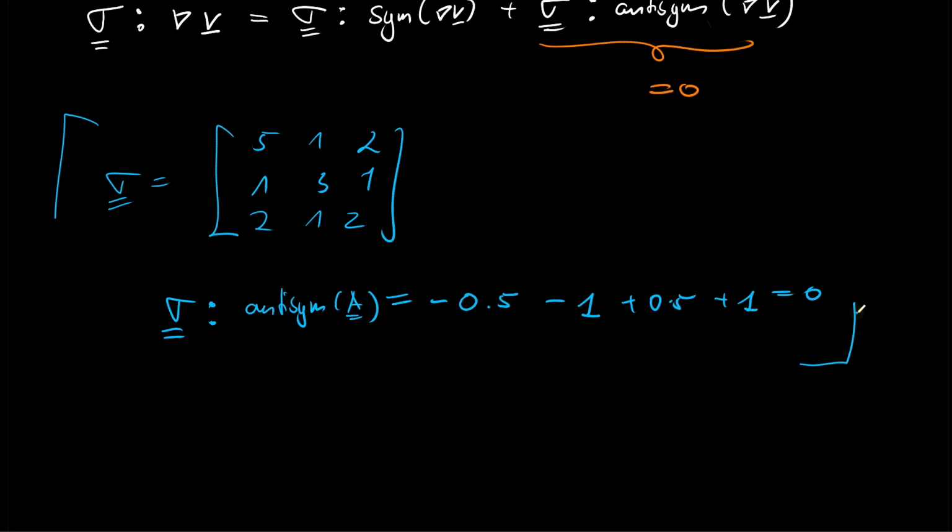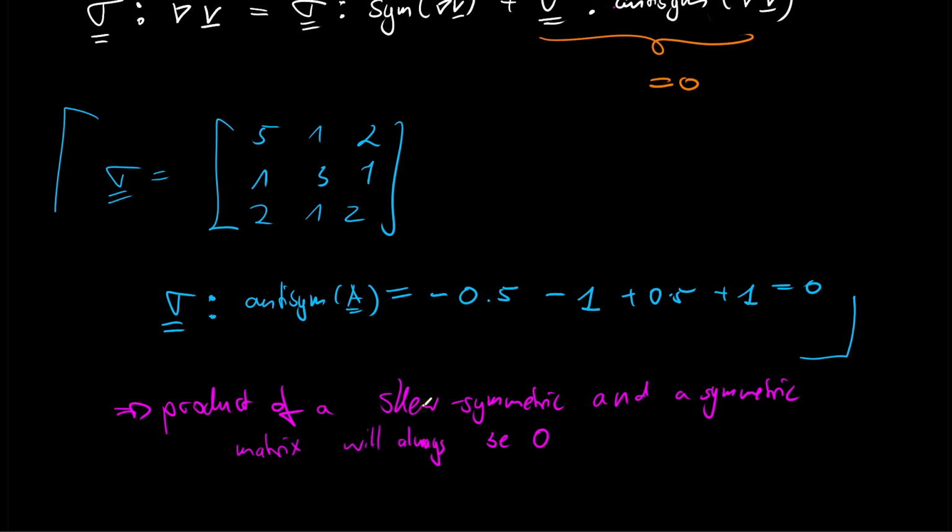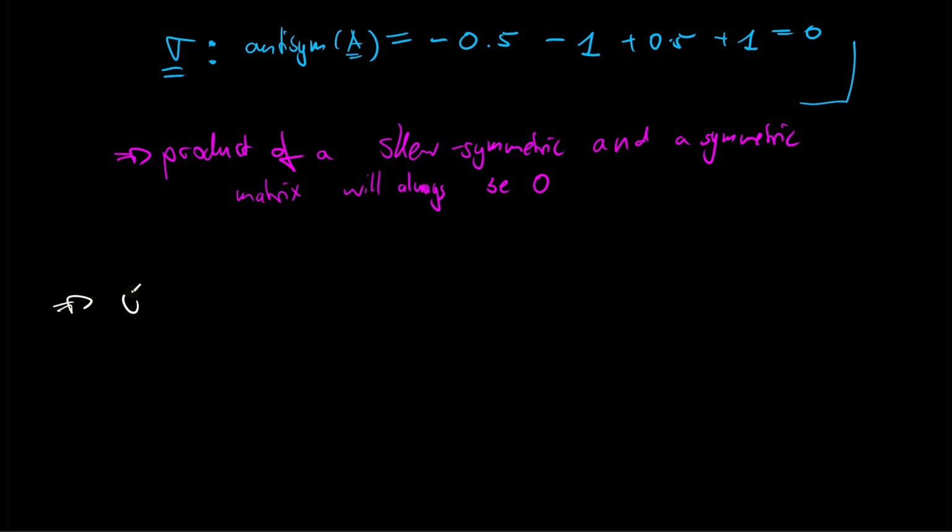And I mean, it's just an example, but this generalizes. So the idea is that the product of a skew symmetric or anti-symmetric and a symmetric matrix will always be 0. And as a consequence, we know that the inner product of the Cauchy stress tensor with the gradient of our test function will essentially just be the Cauchy stress tensor double contracted with the symmetric part of it.